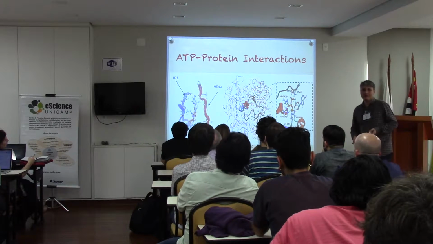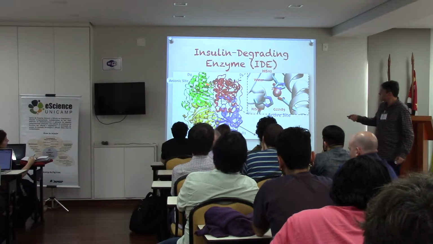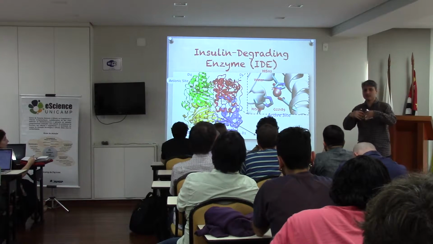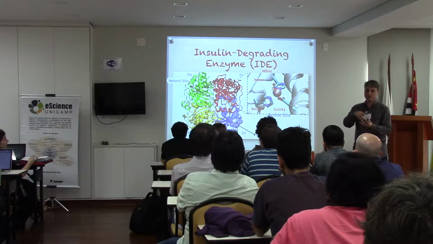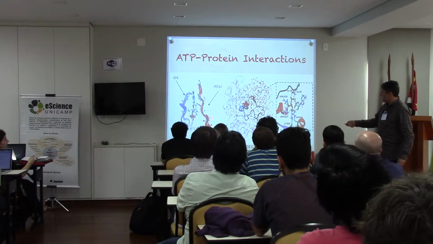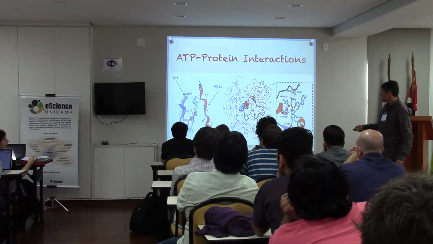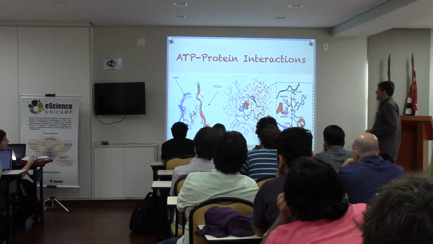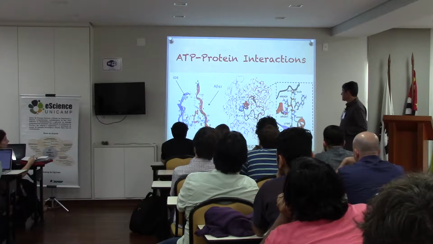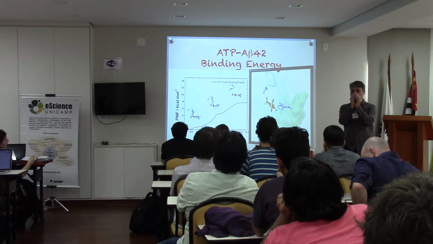And what we found is that, well, there are some things I didn't tell you. In the presence of ATP, this enzyme gets less active. It loses activity in the presence of ATP. So what we found is that when amyloid beta is in it, it binds to ATP, and it keeps the enzyme in a closed state.